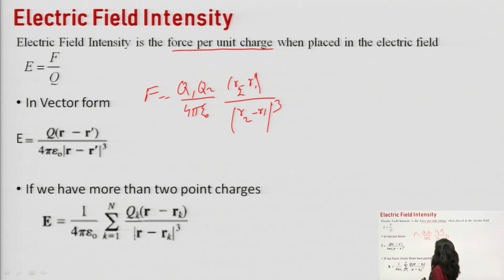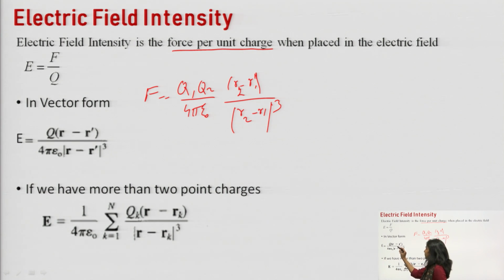But as in electric field you divide by one Q, here we will have only one Q. Suppose we need to find the electric field intensity due to Q1, then we divide this force by the test charge, and finally Q2 will be there only.